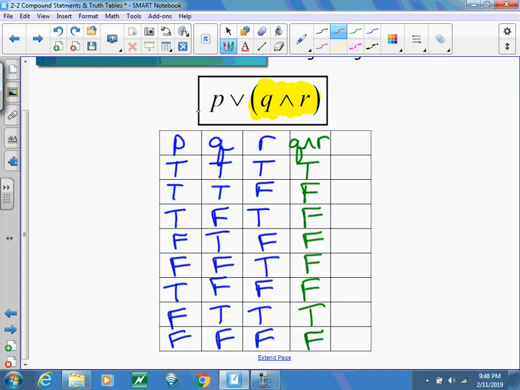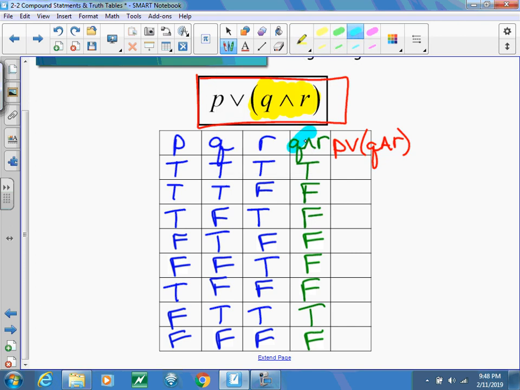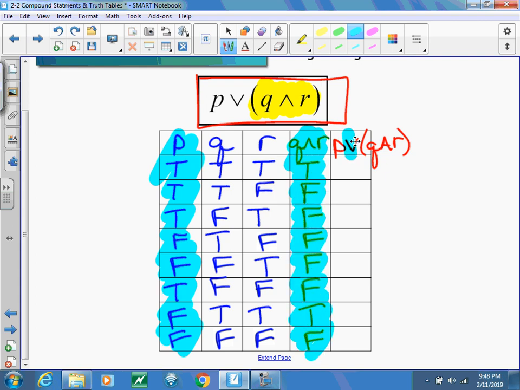Now I need to combine the whole thing here, where we're taking P and the disjunction of Q and R. So the columns that we're going to look for are statement P, which is our first column, along with column 4 here, and I'm going to look at the disjunction between the 2 of them.